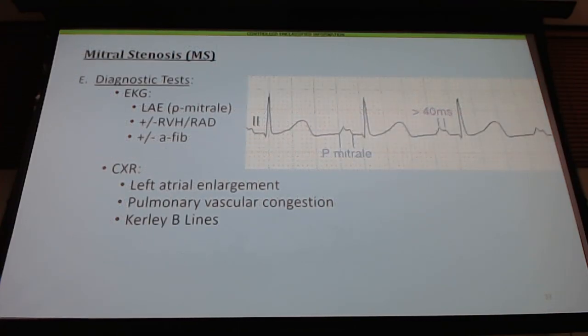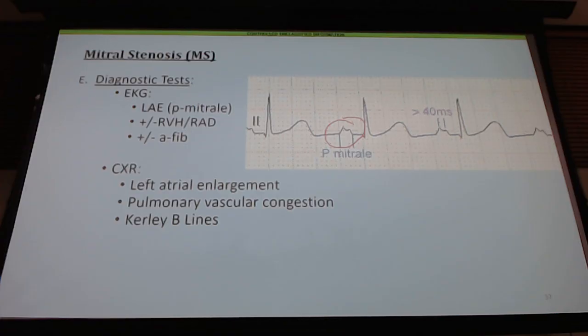On your ancillary studies, what could you see? Well, if I look at my EKG, because that left atria is dealing with all of this extra pressure, extra volume, you end up getting a left atrial enlargement that you can see on your EKG. So you're going to have this P mitrale appearance for your P wave.